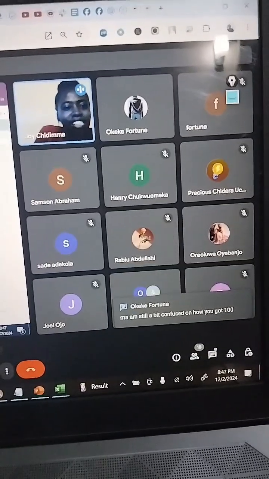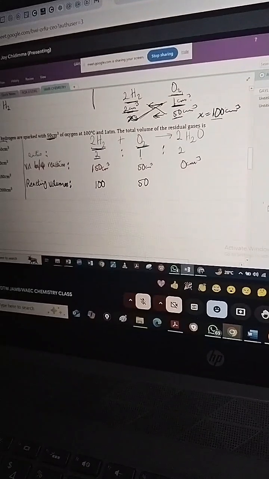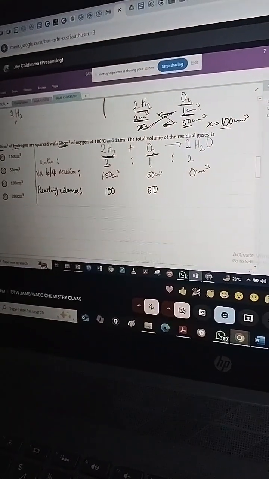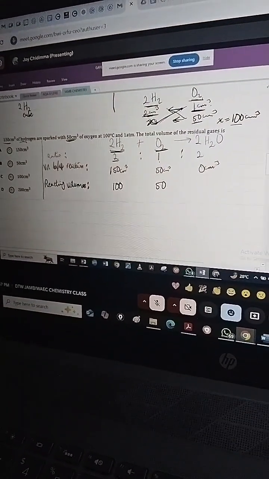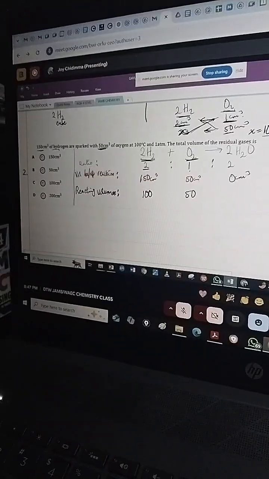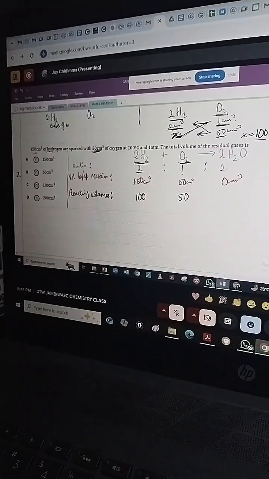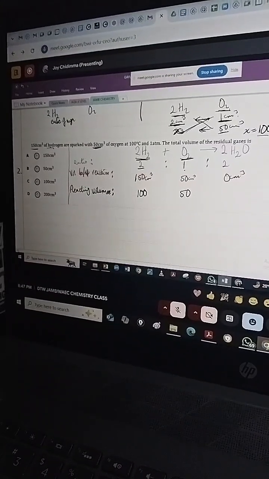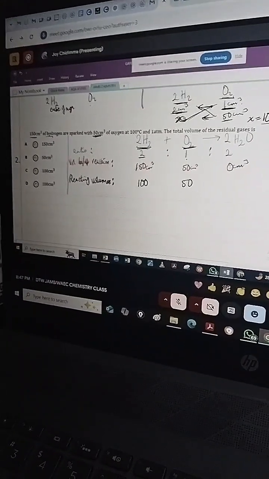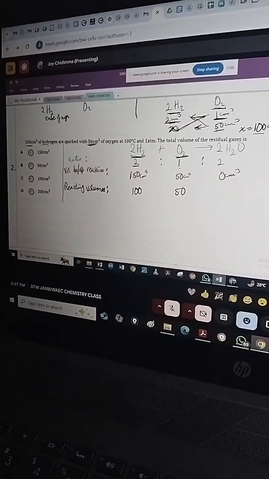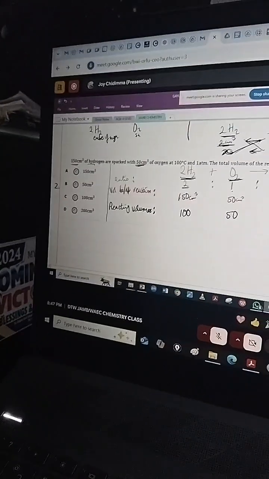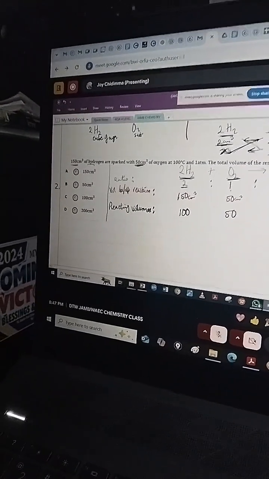Fortune, let's take hydrogen to be cubes of sugar, and oxygen to be sachet of milk, the peak milk sachet. So let me write sachet of milk.